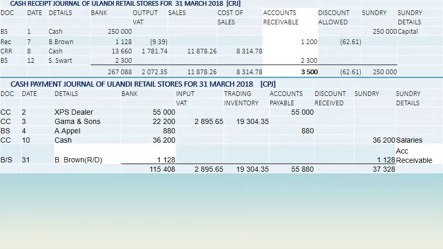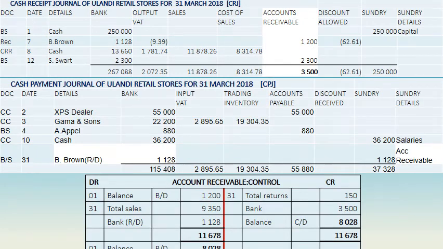At the end of the month, the accounts receivable control in the general ledger will show the following entries. On the debit side, the opening balance brought down from the previous period and the total sales for the month posted from the accounts receivable journal. On the credit side, it will show the total returns posted from the accounts receivable allowances journal.